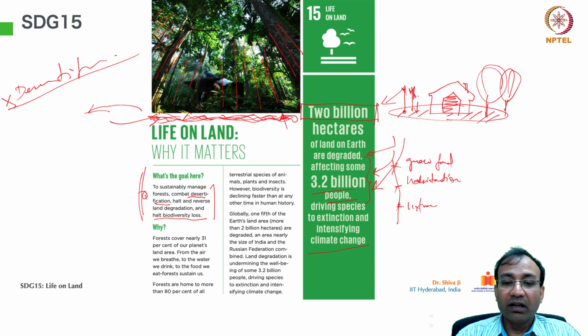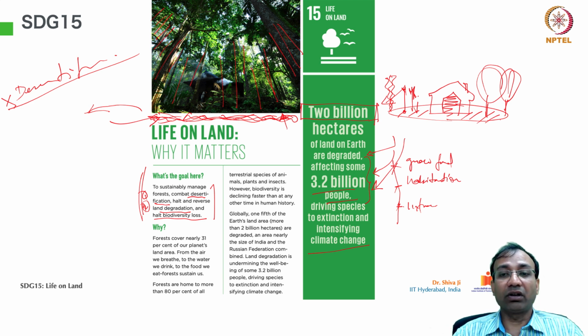Then the second point, halt and reverse land degradation. So what is land degradation? It is another process in which the land, even if it is not getting desertified, is still losing its quality. Soil is meant for several purposes which I just mentioned. If the soil is not good enough to sustain life and do all of those things, that is degradation.